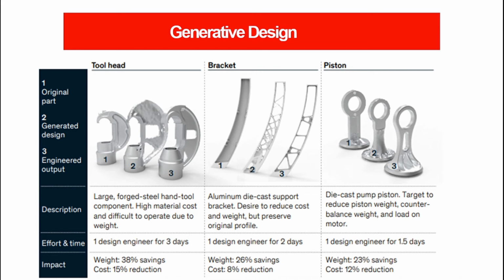For example, we have three models here: a tool head, a bracket, and a piston. Part one indicates the original part, two indicates the design generated from the software, and three is the engineer's output. As you can see, the most optimized one is the generative design. Generative design is highly essential in reducing the weight and the cost.